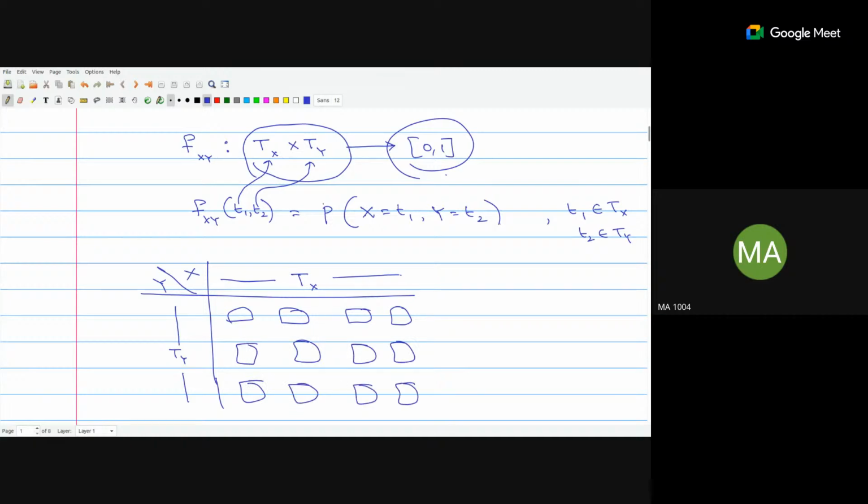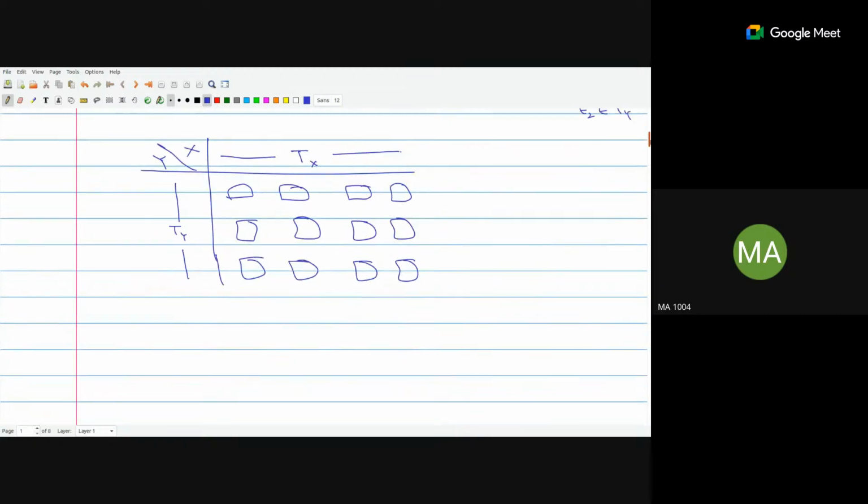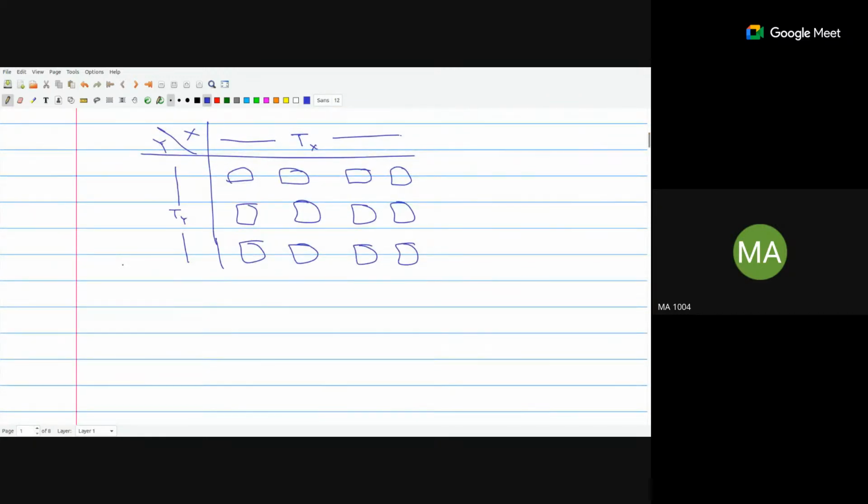So given a function, you can create a joint PMF table, and given a joint PMF table, you can understand the joint distribution of X and Y. This table has a few properties. I will write them down: properties of the joint PMF table.